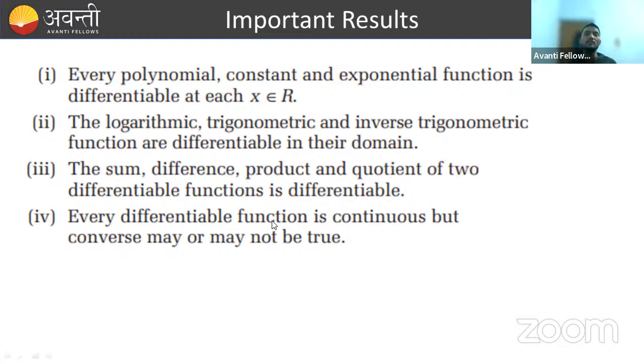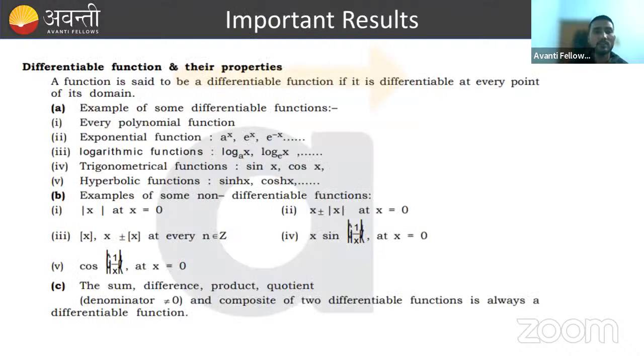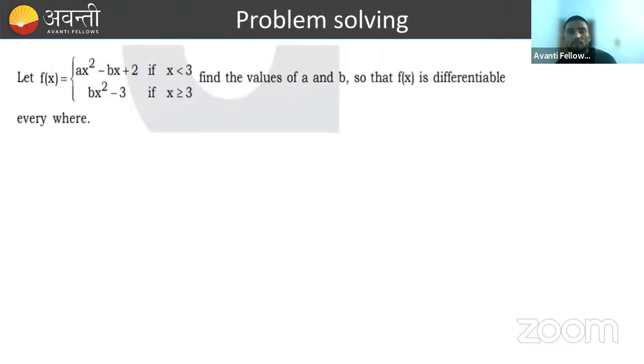And the sum, difference, product, and quotient of two differentiable functions is differentiable. Every differentiable function is continuous, but the converse may not be true. All continuous functions are not differentiable, but all differentiable functions are continuous. So these are some examples you can see: exponential functions, logarithmic functions, trigonometric functions, hyperbolic functions.